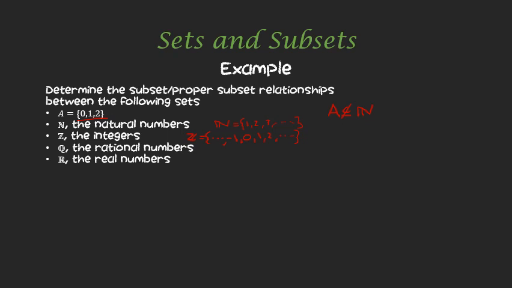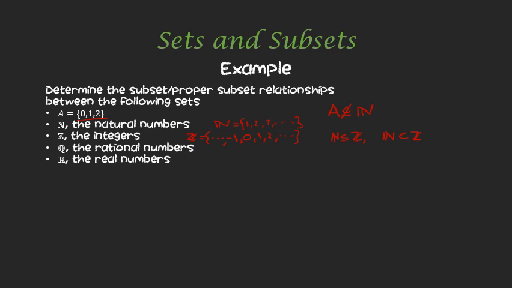And so we can see here that the natural numbers are a subset of the integers. But actually we can say more, right? Because the integers contain some elements that the natural numbers don't. We can say that the natural numbers are a proper subset of the integers, because the integers have elements that the natural numbers don't, yet every natural number is an integer.